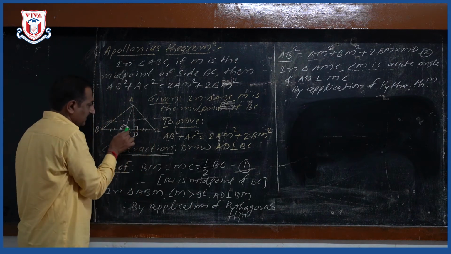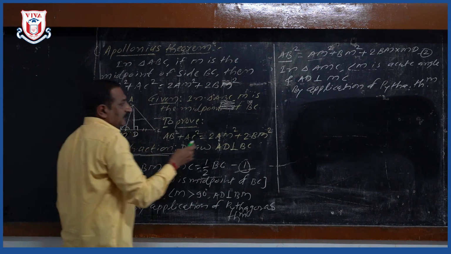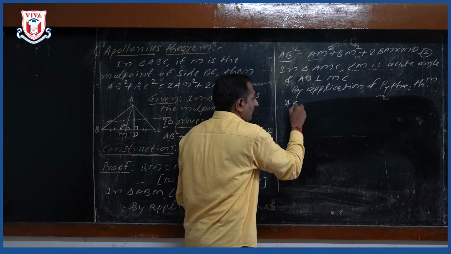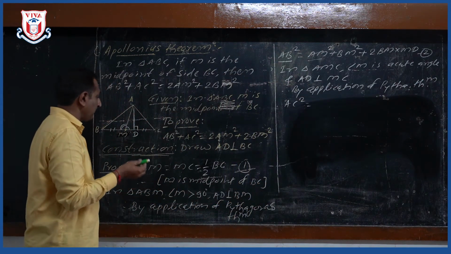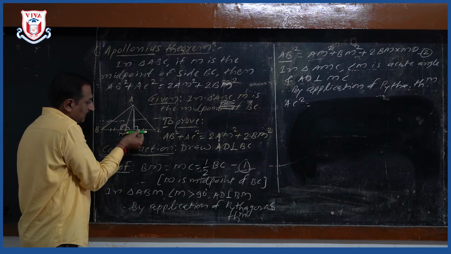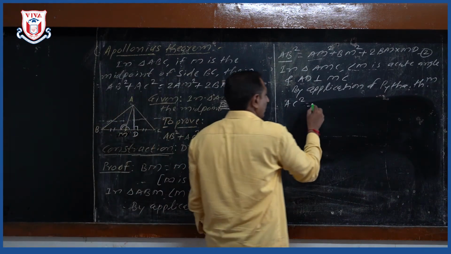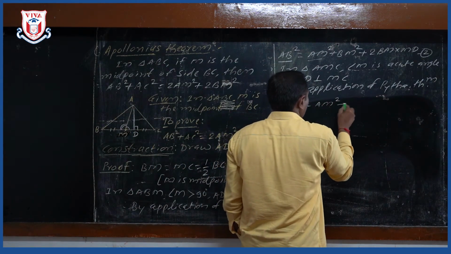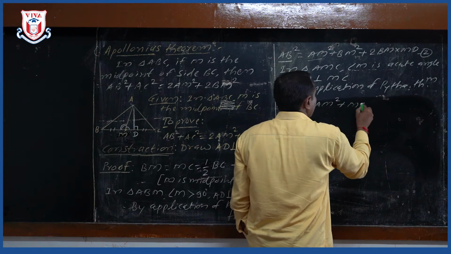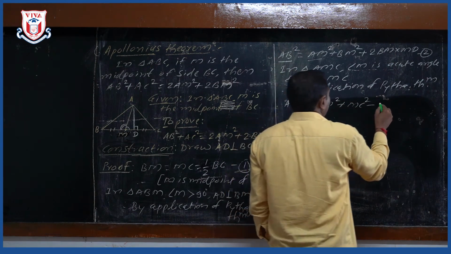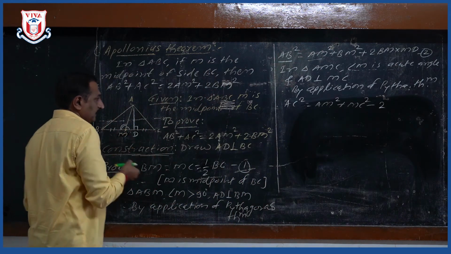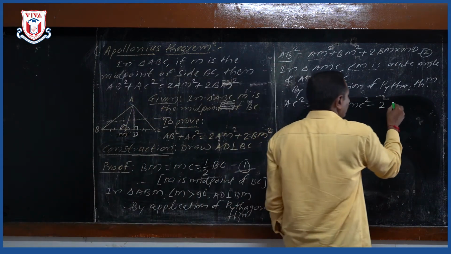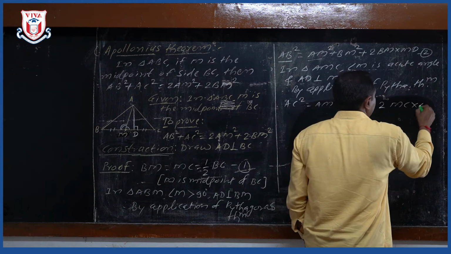Acute angle AMC, its opposite side AC, its square: AC square is equal to the sum of the squares of the remaining two sides, AM square plus MC square, minus 2 times MC into MD.